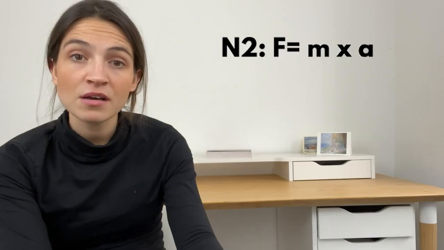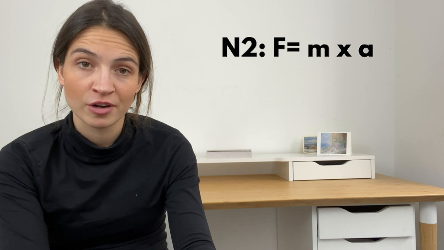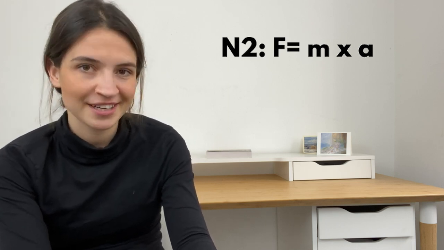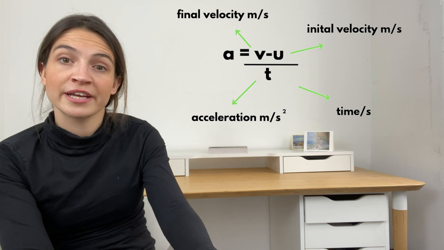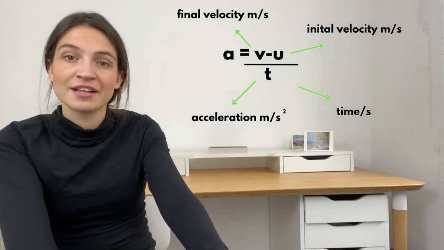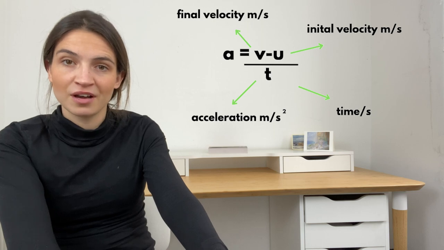Well, time for Newton's second law. Size of a resultant force on an object is equal to its mass multiplied by its acceleration. Okay, now time for our knowledge about acceleration. Acceleration is the rate of change of velocity, and our equation for acceleration is v minus u over t.